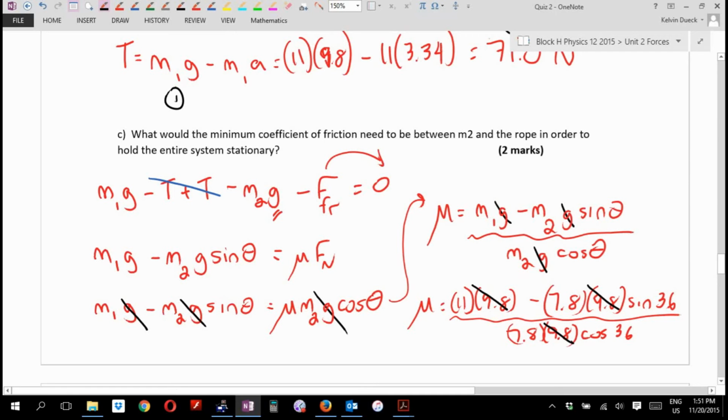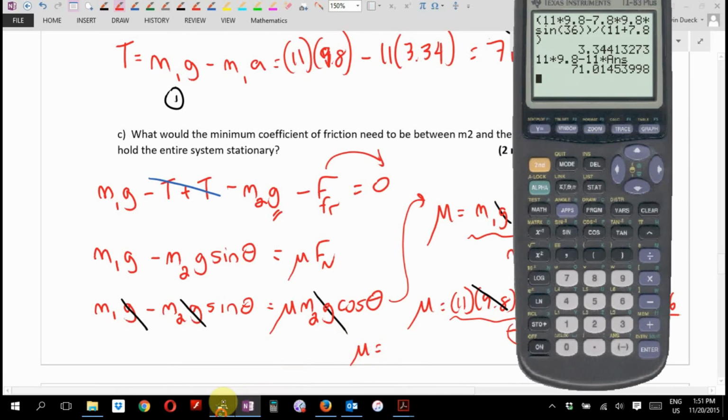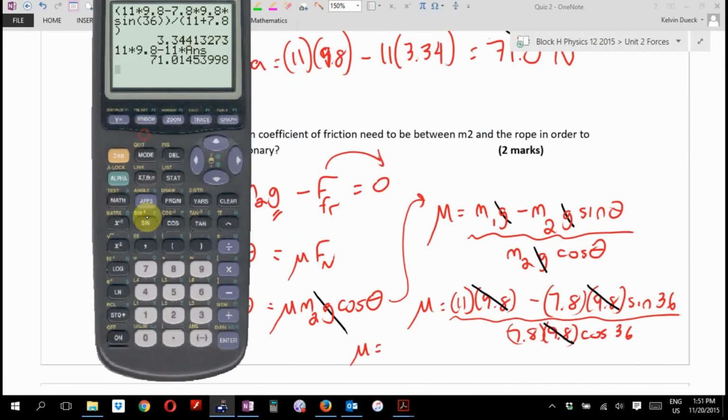I hate doing that. What's mu? I don't know. What's mu with you? Mu ends up being bracket 11 minus 7.8 sine 36 divided by bracket 7.8 cos 36. Ooh, typo.